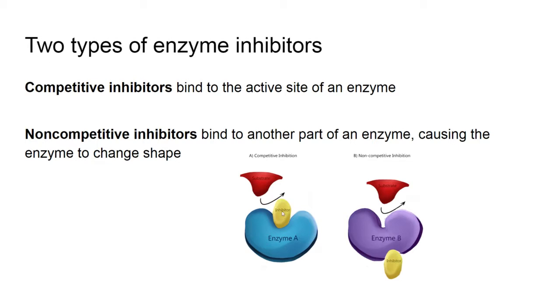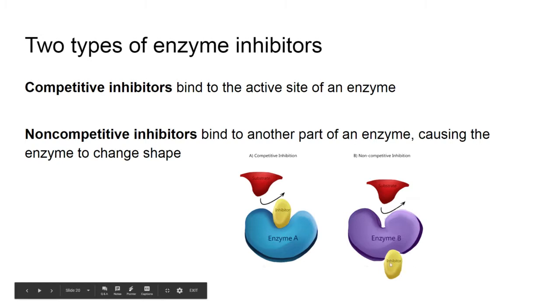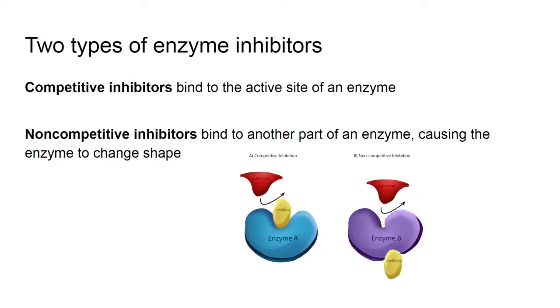This can be shown where the competitive inhibitor is going onto the active site and the substrate is not able to go in, while the non-competitive inhibitor will bind somewhere else on the enzyme. That will change the active site shape so the substrate will not be able to go in.